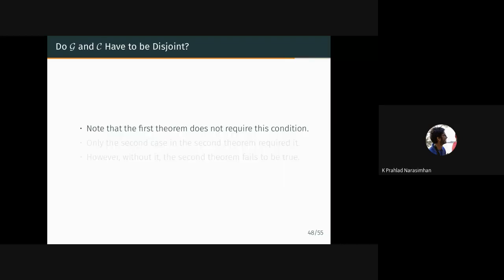So this asks, right, do G and C have to be disjoint? So the first theorem, the proof which I skipped, actually does not use this condition. Okay, I don't need G and C to be disjoint. The only time I need G and C to be disjoint is in the second case of the second theorem.